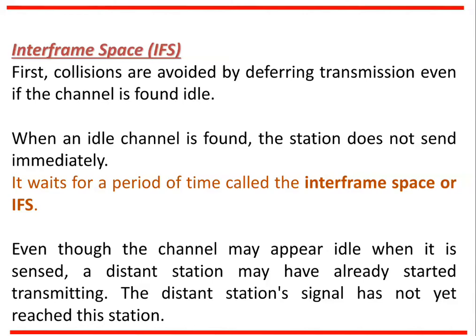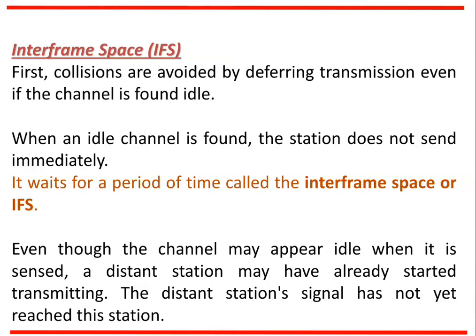Even though the channel may appear idle when it is sensed, a distant station may have already started transmitting, and that signal has not yet reached this current station, because of which there will be a collision.